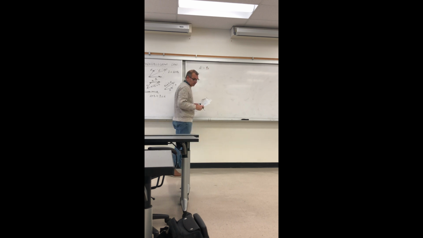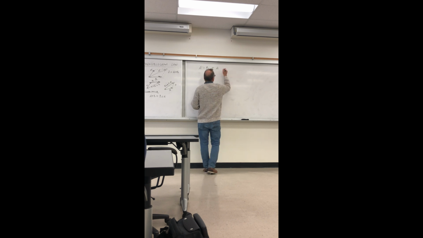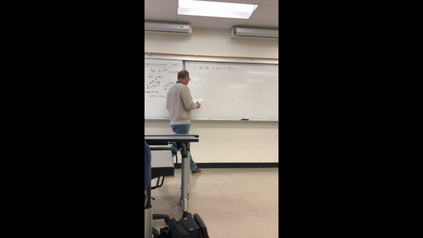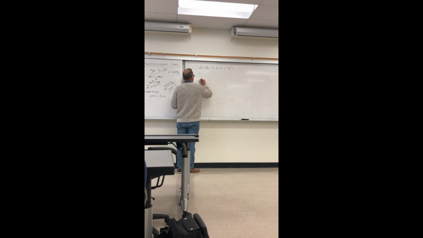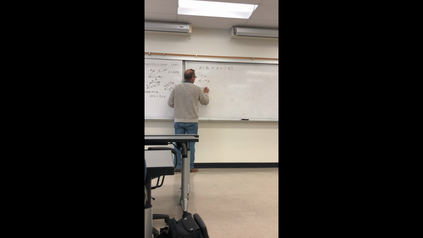Now we've got A minus B equals A plus minus B. So here's a point here. Let's say this is A, and let's say this is B. Something like that. So minus B would be like this.